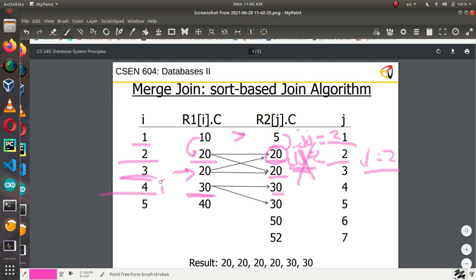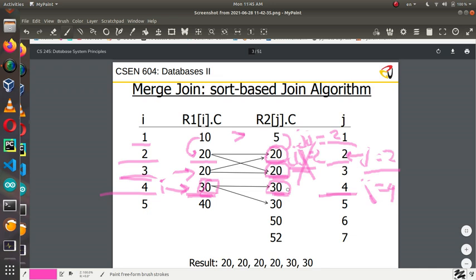So I stands here, and j still stands at the second item. So 20 and 30, they are not the same, and 20 is less than 30, so let's increment j, so we may find 30 later on. 20 and 30 again, increment j. 30 and 30, so j stands here right now at 4.